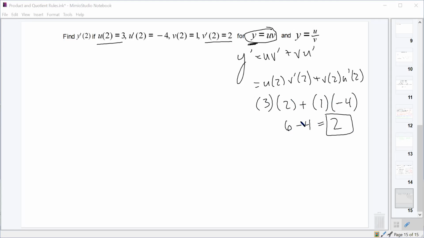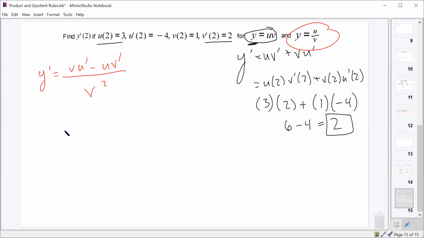Okay. And then if we were to do u over v, we'd just use the quotient rule. So that would be v times u prime minus u times v prime over v squared. And we'll plug in the values at 2 for each of those.